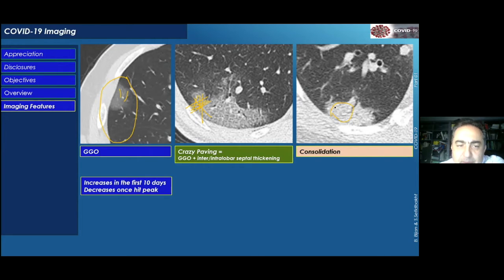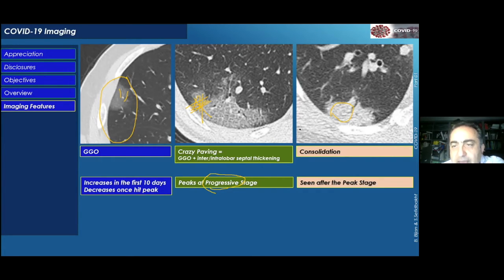So how do they work? Ground glass opacity can be seen at any time during the disease, and most likely the disease starts with ground glass opacity. It increases in the first 10 days, hits a peak, and after that it comes down. Crazy paving happens during the progressive phase of the disease, and consolidation is seen at the peak and then slows down.